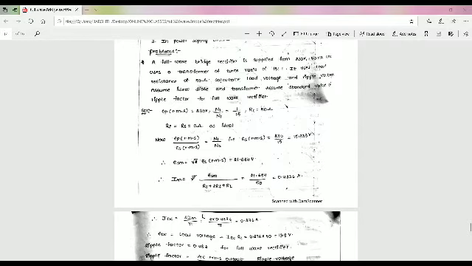Okay, a full wave bridge rectifier is supplied from 230 volts and 50 Hz, and uses a transformer of turns ratio 15:1. It uses a load resistance of 50 ohms. Calculate the load voltage and the ripple voltage, assuming ideal diode and transformer.